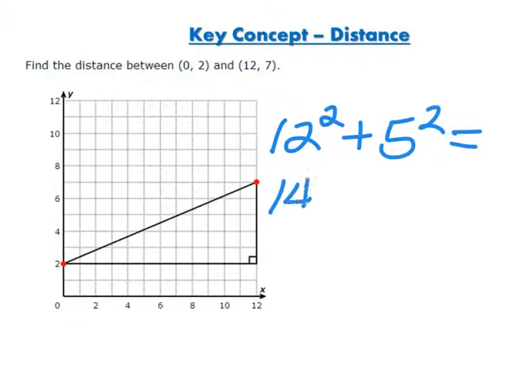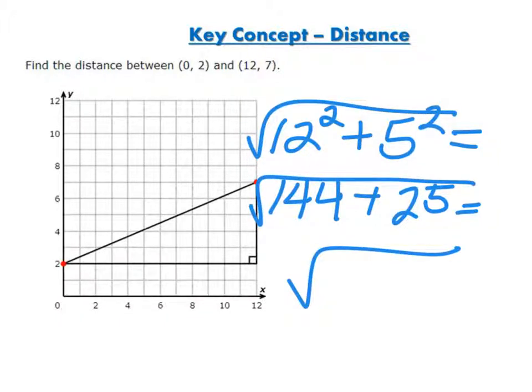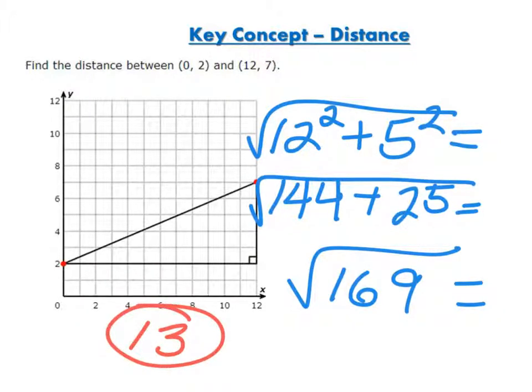that's 144, plus 25, and I need the square root of all this. 144 plus 25 is 169, and when you take the square root of 169, you get 13.